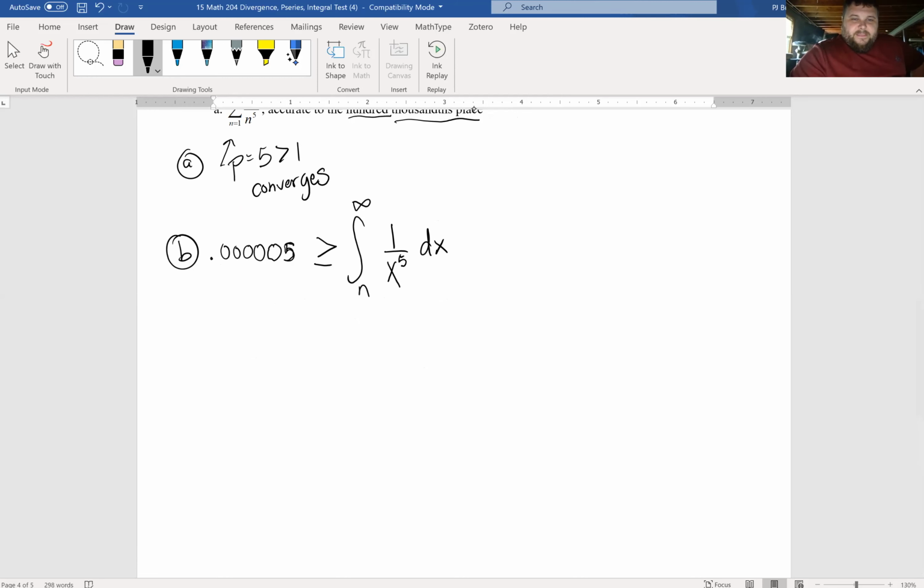All right, so let's take care of this integral. 1 over x to the 5th dx, that's really x to the minus 5 in there, right? To integrate that, we would get x to the minus 4 over minus 4, or minus 1 over 4x to the 4th, evaluated from n to infinity.